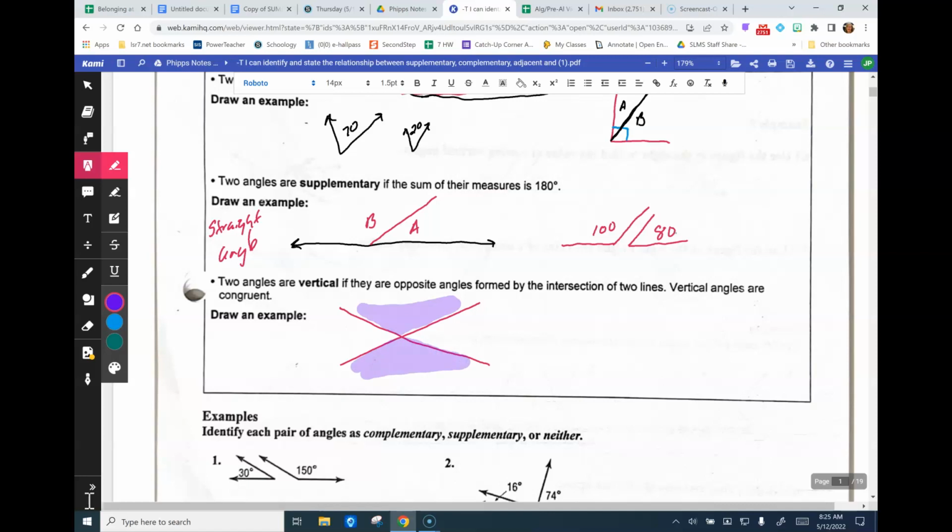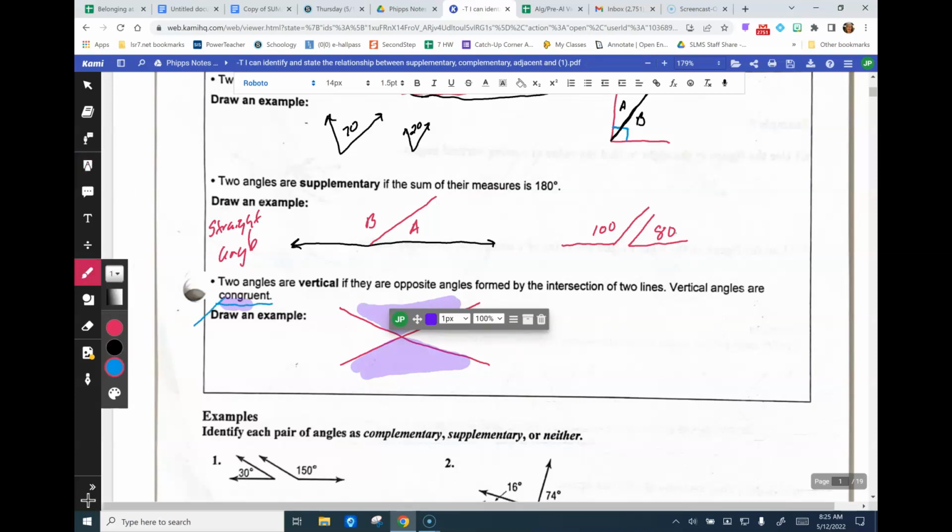If we had a protractor right now, we would measure and we would find out that these two angles are equal. So vertical angles are congruent. What we mean by congruent is they have the same measure. So congruent means same measure. Their measures are equal. Vertical angles are congruent, and they are formed by opposite angles.